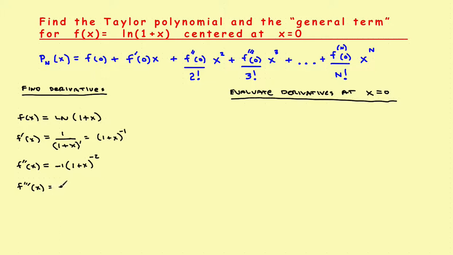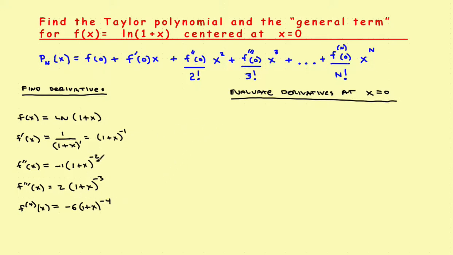That's going to be 2 times 1 plus x to the negative 3 power times the derivative of x, which is just a 1. And then finally, we'll go ahead and find the fourth derivative. So the fourth derivative would be equal to, bring this down, you'll have negative 6 times 1 plus x to the negative 4 power.